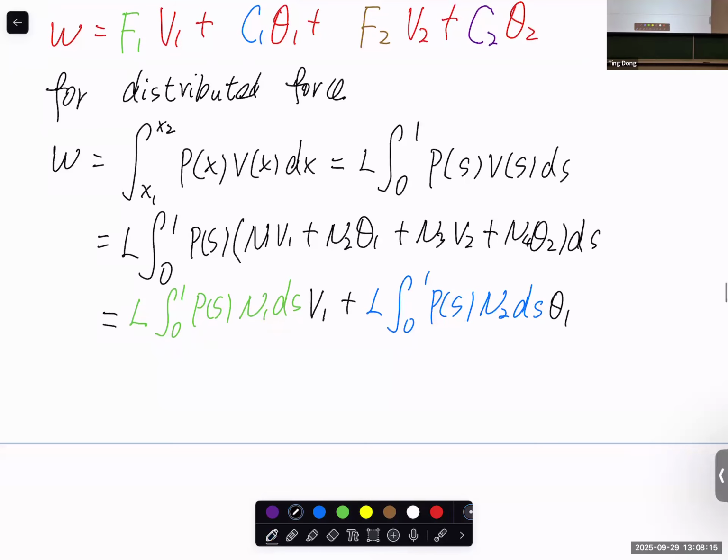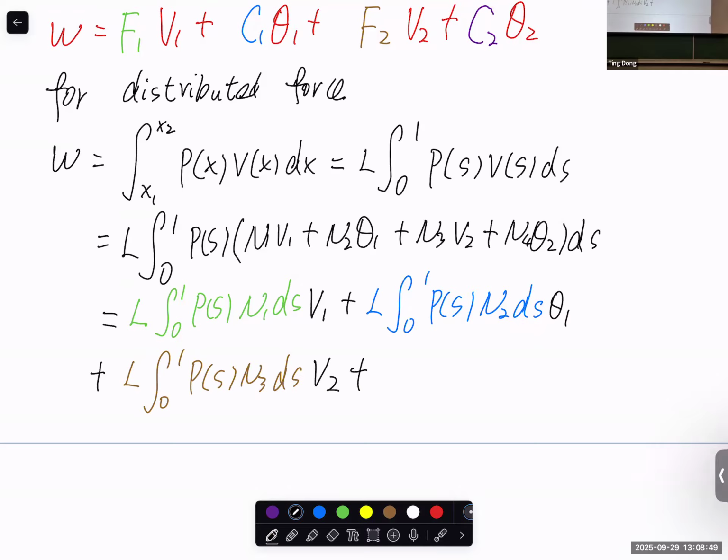The third component: V1, theta 1, V2, theta 2 are nodal degrees of freedom, so they are constant terms. You can take any constant term out of the integral. I use this color, so it becomes L integration 0 to 1 P S N3 ds times V2.